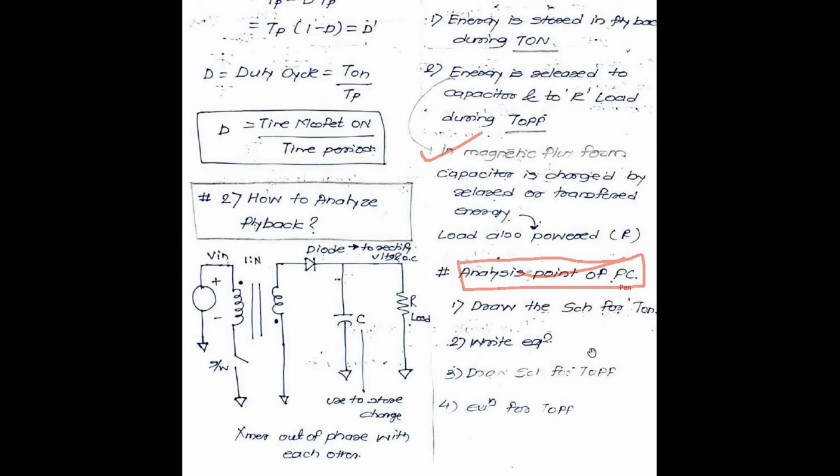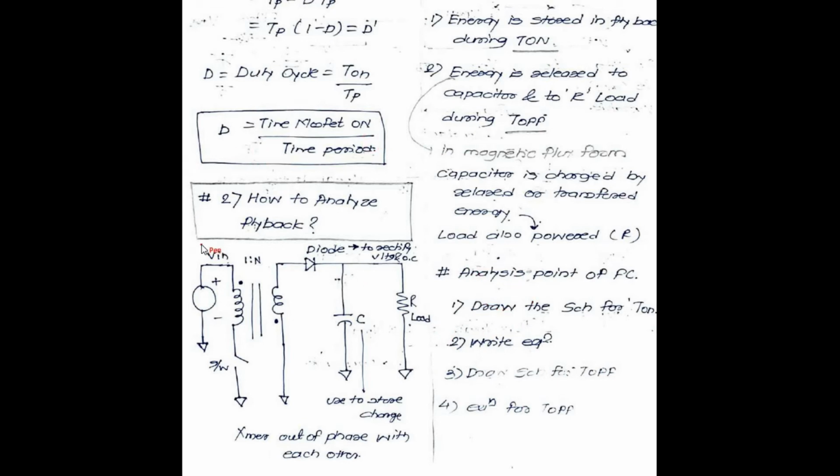There are 4 steps. First, draw the schematic of the flyback converter. Then write the equations of that flyback converter. Then draw the schematic for turn on and write the equation for turn on. Then go through the turn off schematic and write the equation for that. Okay, so now just focus on this analysis part. So first I will try this.